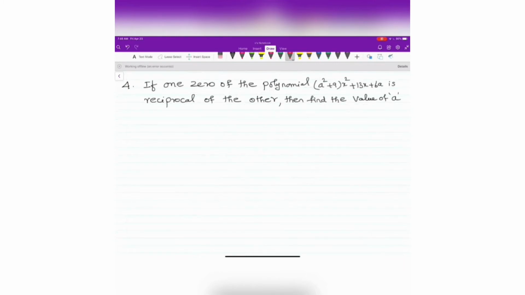Question number 4. If one zero of the polynomial a square plus 9 into x square plus 13x plus 6a is reciprocal of the other, then find the value of a. I think I have done one sum of this type in my previous video. Let's do it now.